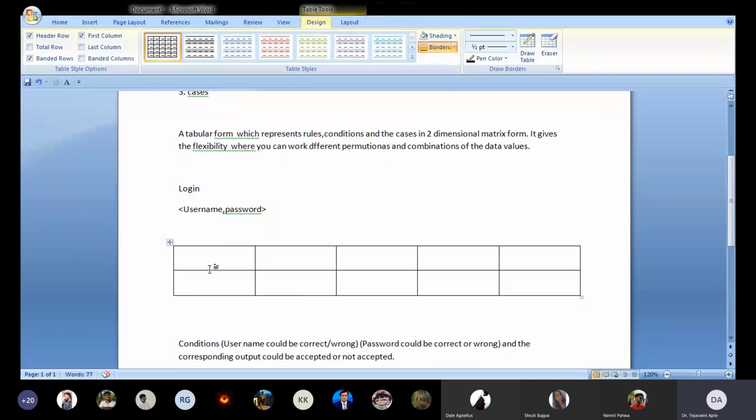Here are the conditions according to the rules, and here are the cases. So I'm going to say the username is either right or wrong. In that particular case, what is going to be rule one?